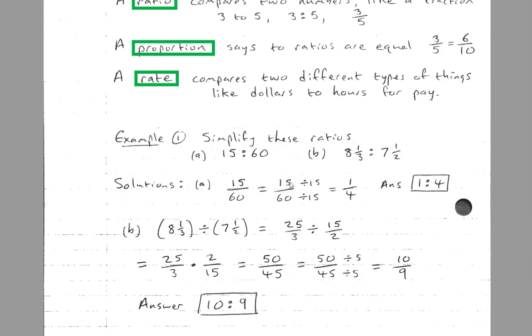So in fact, they have a 15 in common. If you cancel 15, you get 1 over 4. So the simplified version of this ratio is 1 to 4. So in this first ratio, the second number is 4 times as big as the first number.